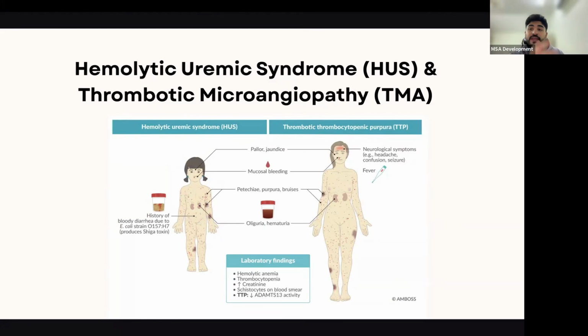This is all because of the E. coli. And they also have schistocytes on their blood smear. The thrombocytopenic purpura is more commonly seen in children and adults. And the very, very important distinctive symptoms and clinical signs is the neurological symptoms. Thrombocytopenic purpura usually will come to you with headache, confusion, even seizure, and high fever.